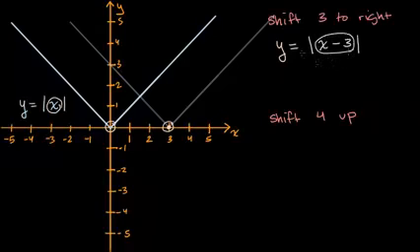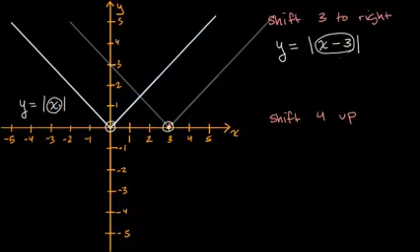And pause this video and really think about this if it isn't making sense. And even as you get more and more familiar with this, I encourage you to try out the numbers. That will give you more, instead of just memorizing, hey, if I shift to the right, I replace x with x minus the amount that I shift. Always try out the numbers and try to get an intuition for why that works.